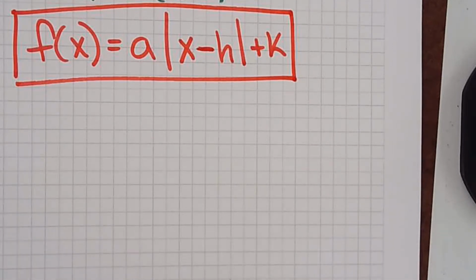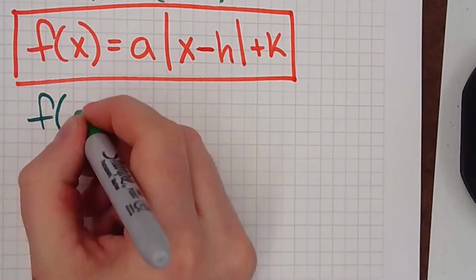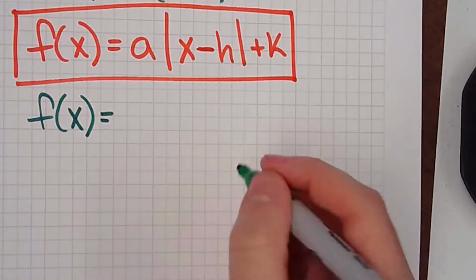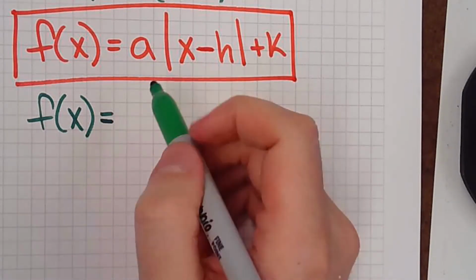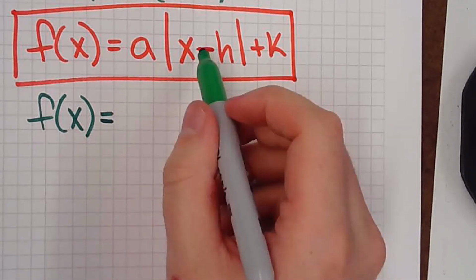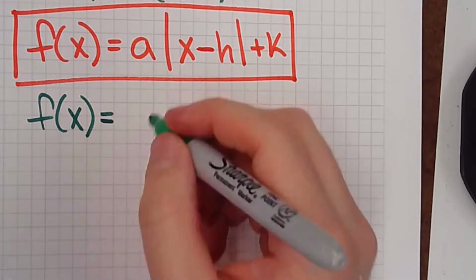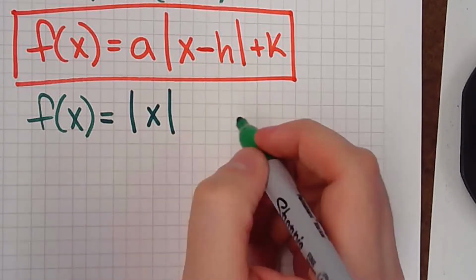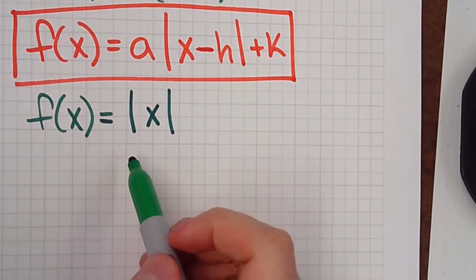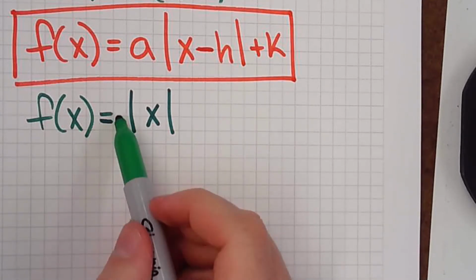So messing around with these things, let's see what happens. Let's mess with a first. Let's ignore h and k right now, they're 0, and let's mess with a. So normally in our f of x equals absolute value of x equation, our basic version, the one we learned first, there's a 1 in front for a. It's hidden, but it's kind of like a slope of 1, right?